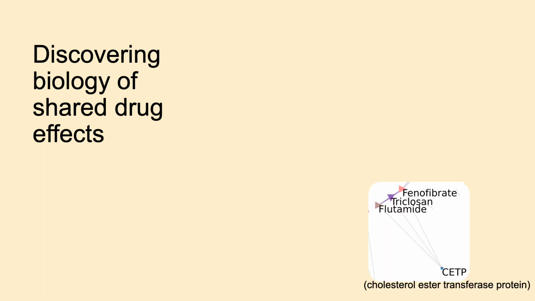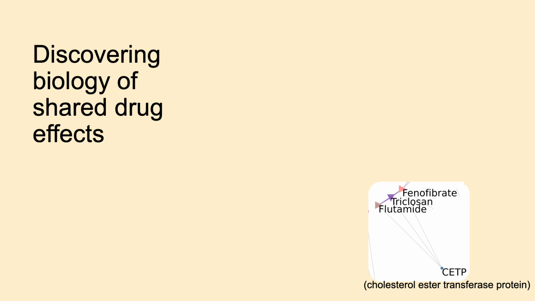So what can we do with this model? One application beyond predicting phenotype effects is to understand the biology of shared effects of drugs. An interesting example is that we can group together these three drugs that are not entirely obviously related, but we find that they have shared predicted influence on disease genes, including on this gene, CETP, this cholesteryl ester transfer protein, which is involved in lipid and cholesterol synthesis.